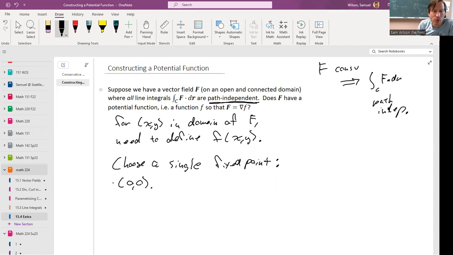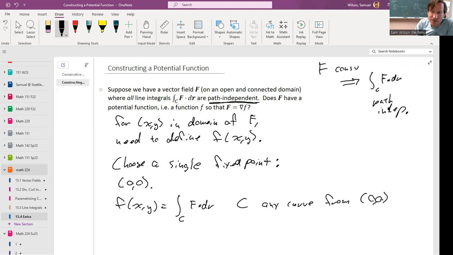Given this fixed point, remember, we need to define what little f of x comma y is. And what we will choose is the integral along a curve C of F dot dr, where C is any curve from the origin, our fixed point, to x comma y.